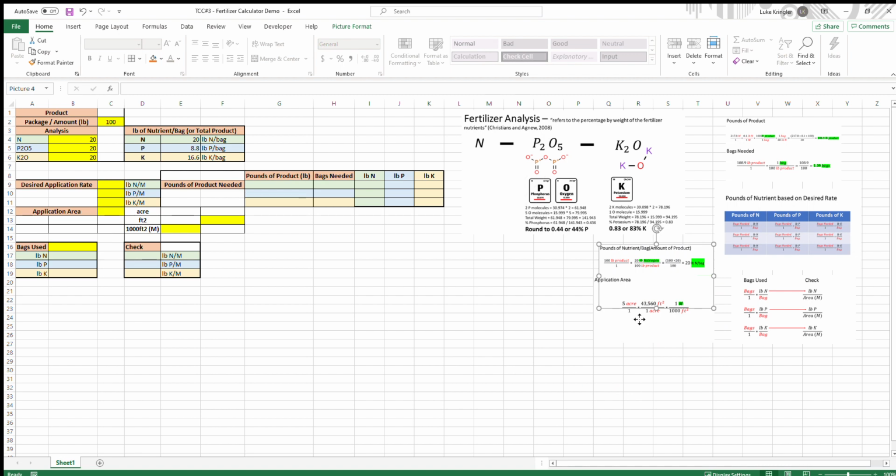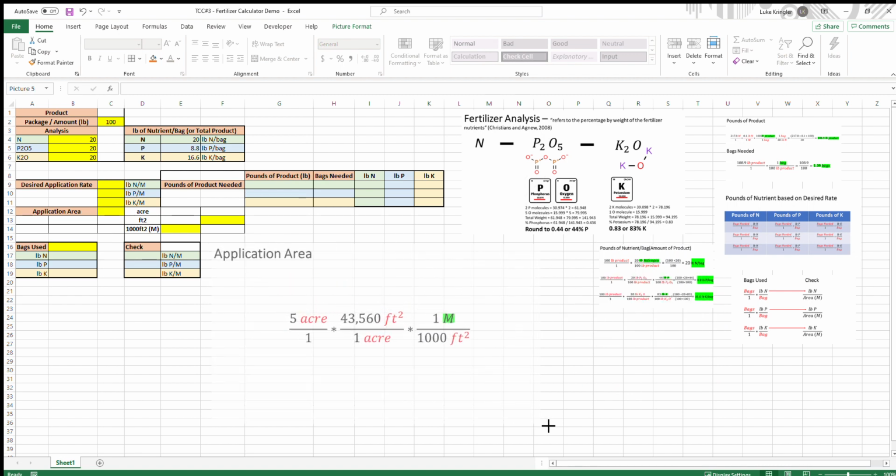Now we're going to look at the application area of the calculator, and this is simply using Excel to make these conversions easier for us. So let's assume we have a 5-acre area. Now to get acres to feet squared, we start with an equal sign and multiply our acre value by 43,560 feet squared.